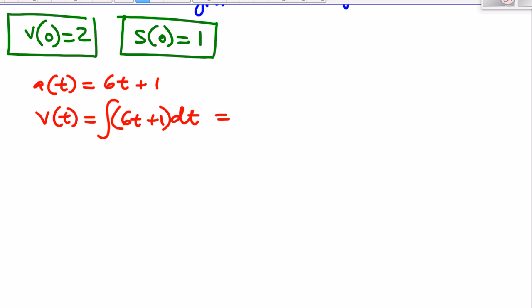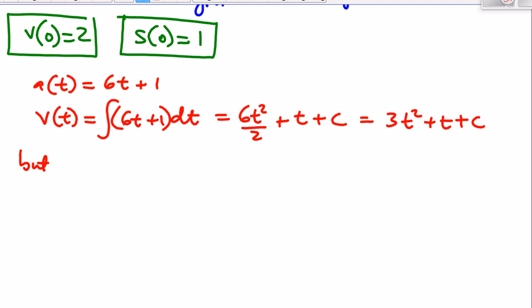If I integrate that, I'll get 6t squared over 2 plus t plus c. So v of t is equal to that. We can simplify that to have 3t squared plus t plus c. But we know that v0 is equal to 2.